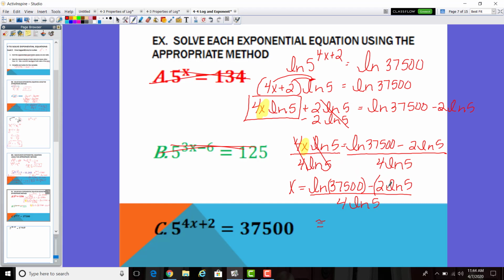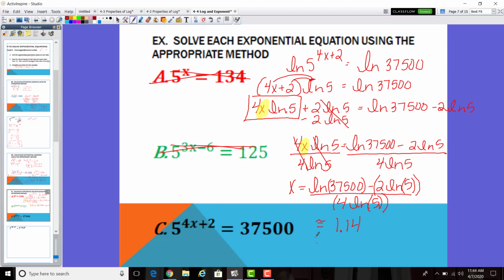So in front of 2 natural log, it'll put a parenthesis here, 5. You have to close that and hit enter. And then I'm going to divide by the product. Again, this is a product, so put a parenthesis here, 4 natural log of 5. Put a parenthesis there, close that one, and close the product. And then hit enter. You should get approximately 1.14.